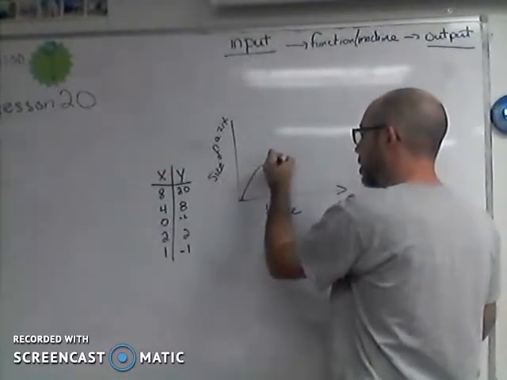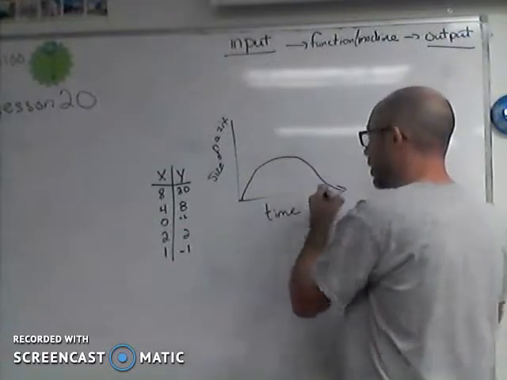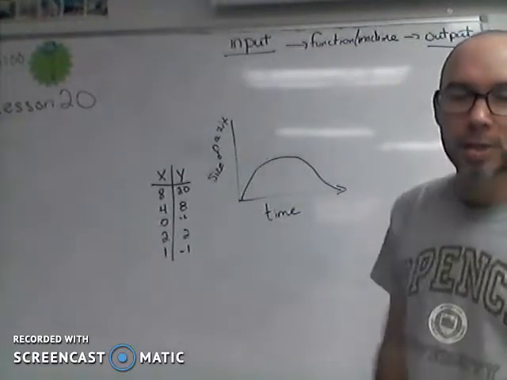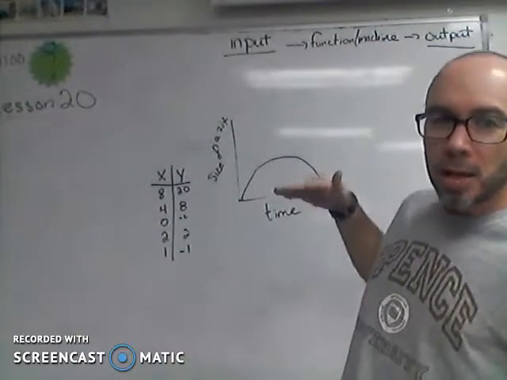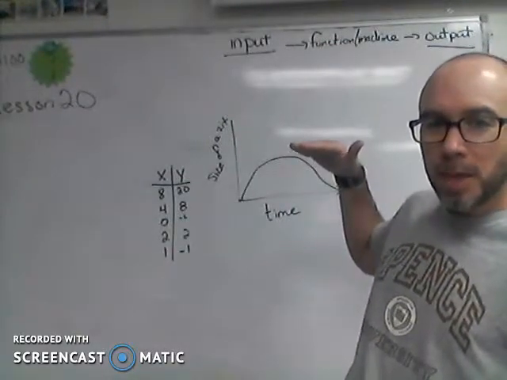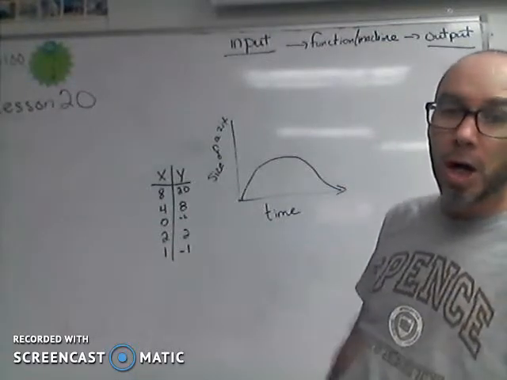And maybe your graph would look something like that. That is a relationship between two things, is it not? As time goes by, your zit gets bigger, it reaches a peak, and then it gets smaller.